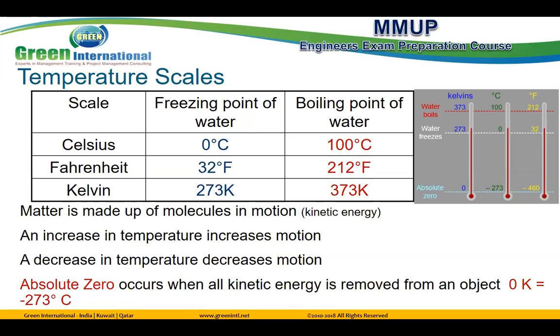But in Fahrenheit, the freezing point is 32 and the boiling point is 212, so the difference is 180 between freezing and boiling.